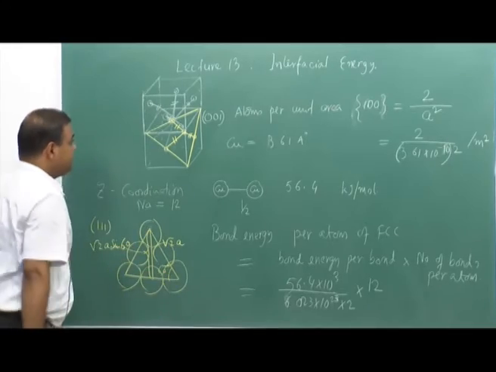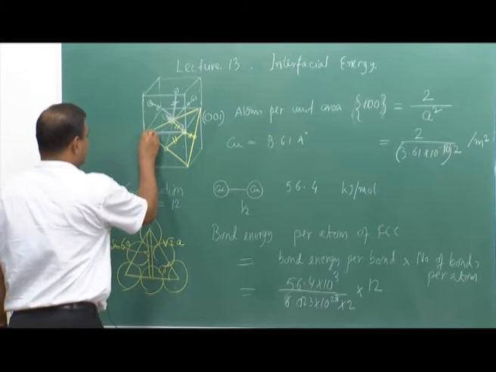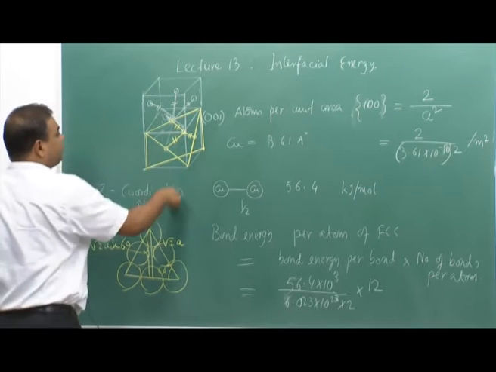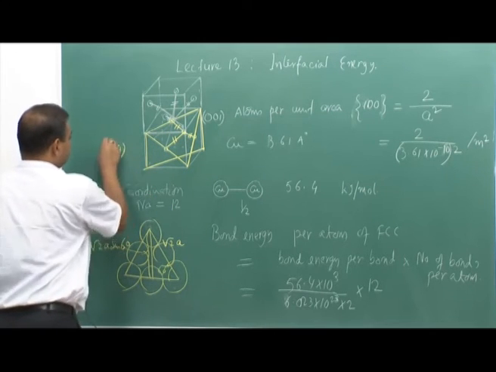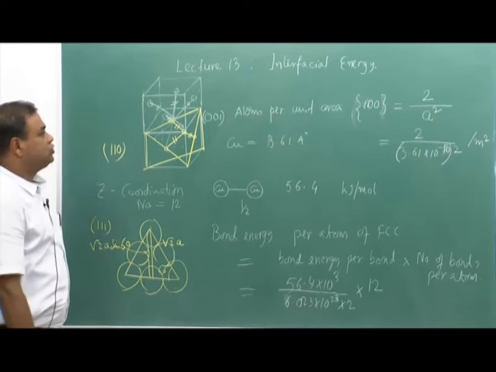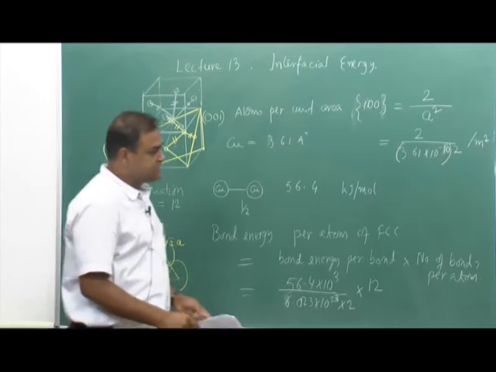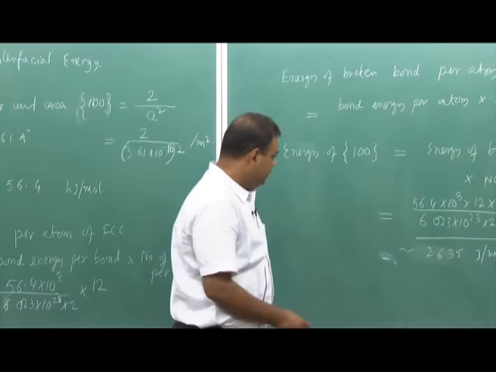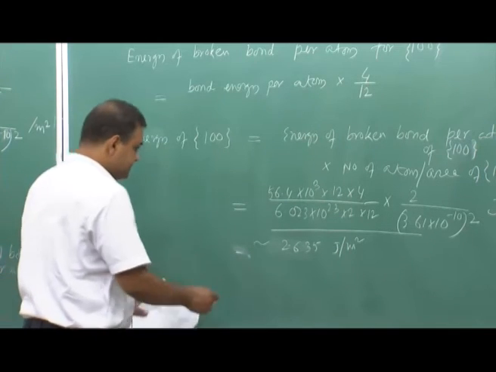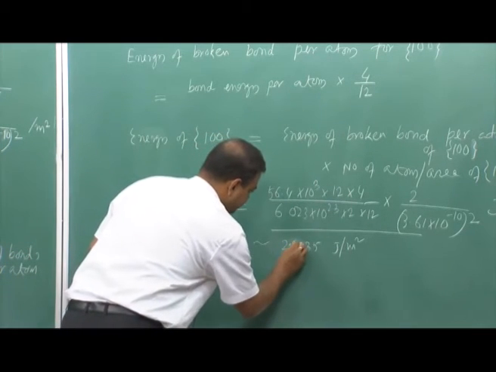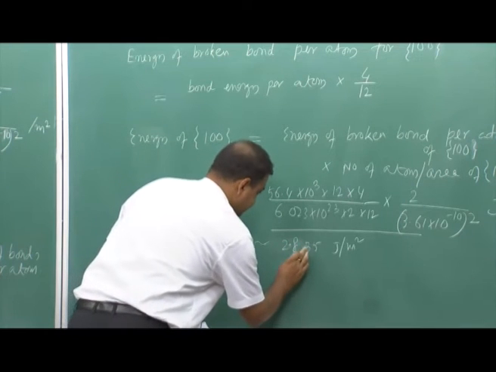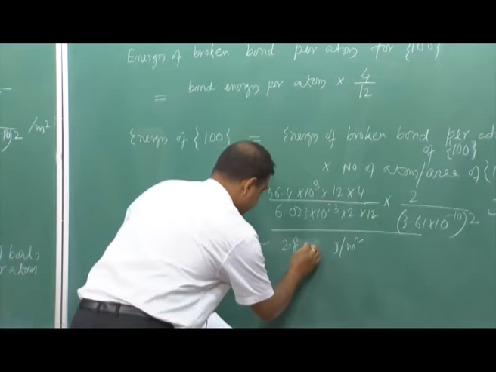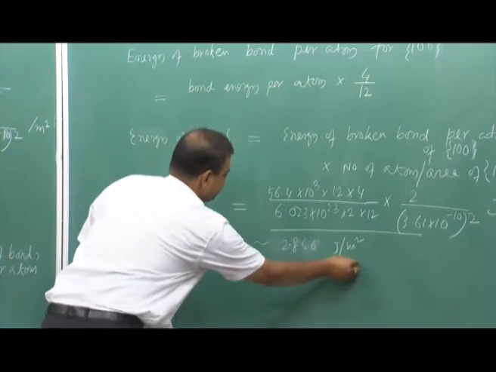Similarly, you can also calculate the 110 plane also. So, you do those exercises, and also please check what value you are getting. This value, I think I made a little mistake, it would become 2.866 joule per meter square.